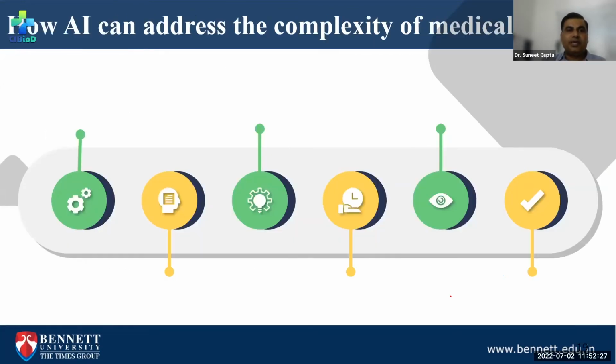Okay, so how can AI address the complexity of medical imaging? One important point is the growing pressure on radiologists. Radiologists are very limited, and reports are too many, which creates pressure on the radiologist.